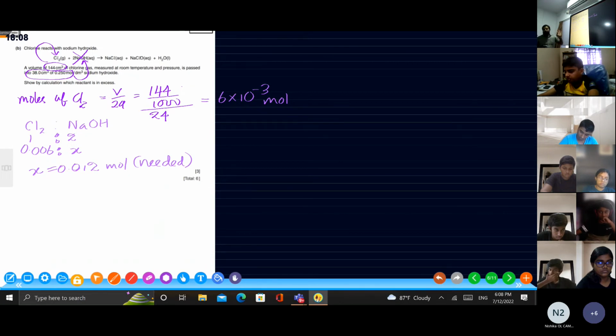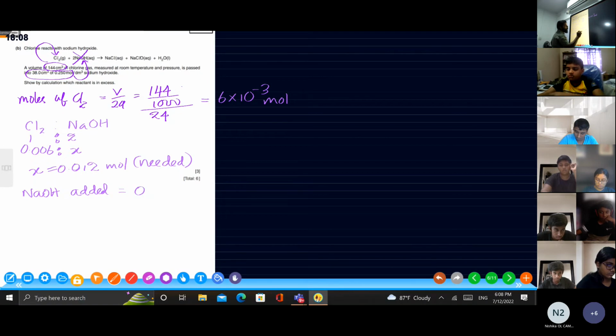Now we'll find the sodium hydroxide added. Sodium hydroxide added, n equals cV. Now take what you ignored: 0.25 into 38 divided by 1000.